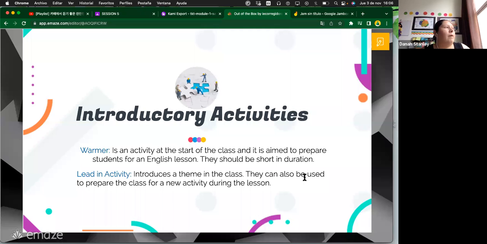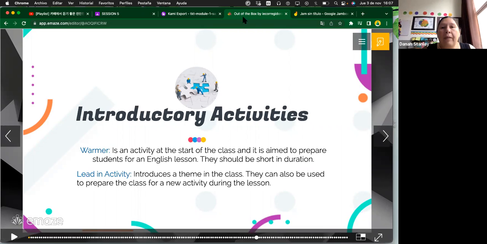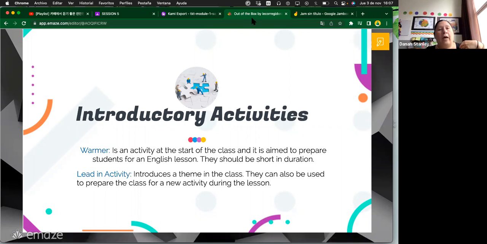First, before we start presenting, before we have a pre-reading activity, before whatever, I need to have an introductory activity. These introductory activities can be divided into two groups, or two types, the warmer and the lead-in. There is a third kind of introductory activity, which is an icebreaker.